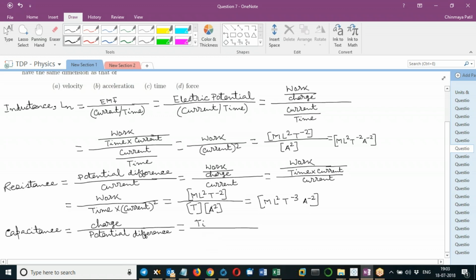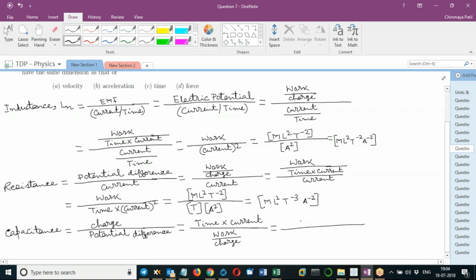So we can write here time into current divided by potential difference, which is nothing but work by charge, as we have done earlier. Now if we simplify further, what will we get?